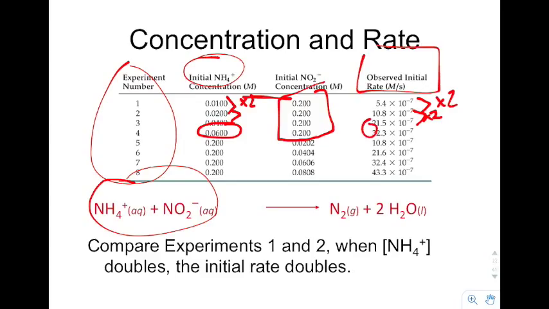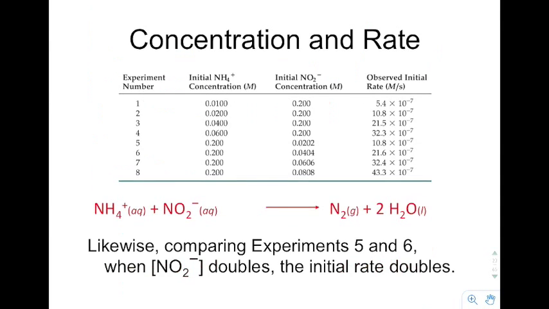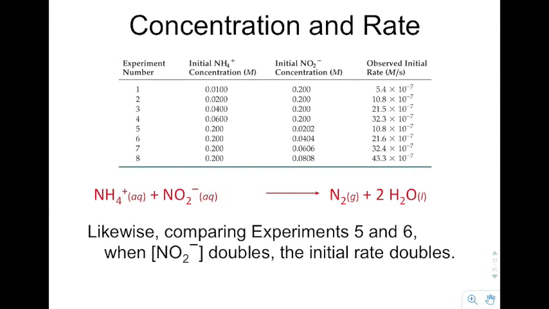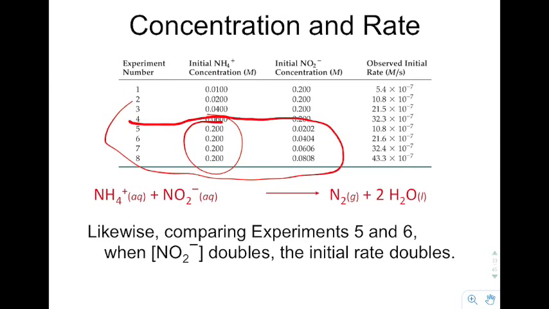What that allows us to say is that when the NH4 doubles, the initial rate of reaction doubles as well. So when you compare reactions 5 and 6, you are maintaining the ammonium as a constant. Whenever you maintain the ammonium as a constant and you double the concentration of the nitrite, you likewise see a doubling of the initial rate of reaction.